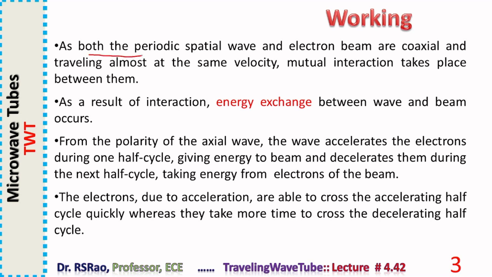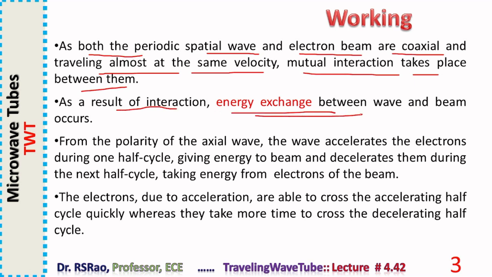As both the periodic spatial wave and the electron beam are coaxial and traveling at almost the same velocity, mutual interaction takes place between them. For interaction to be there, both participants must be traveling at the same or almost the same velocity. Here they are, so interaction is possible. As a result of interaction, energy exchange between wave and beam occurs.